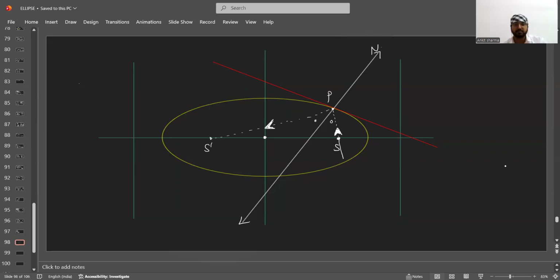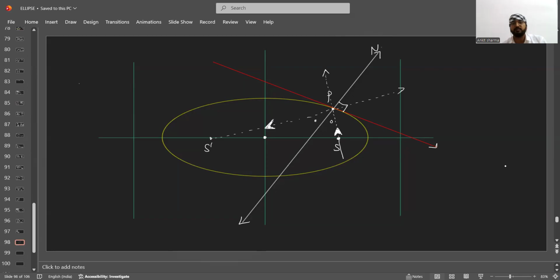Now the important finding would be, if I extend this line further here, and this line also, then I see that this normal and the tangent are acting as the angle bisectors for the incident ray and the reflected ray, since the tangent and normal are perpendicular.